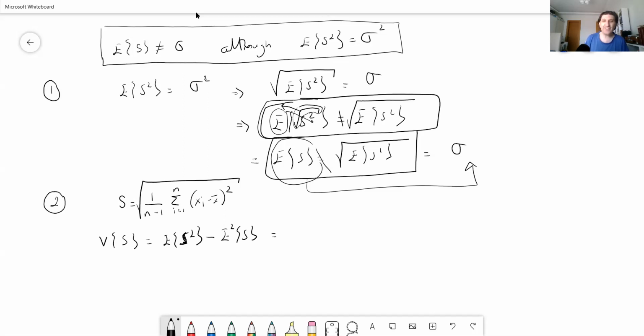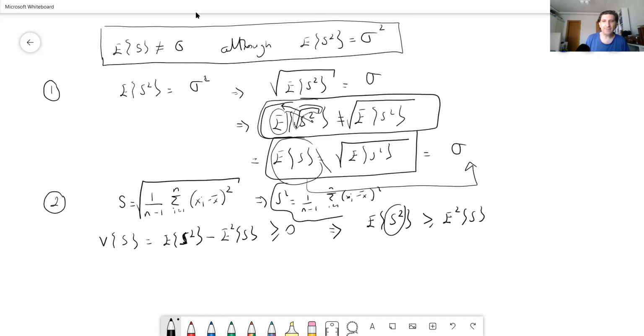Note that variance should be greater than or equal to 0. This is due to the definition of variance. In this case, expected value of S square is going to be greater than the square of expected value of S. That's great. Now, let's continue. Note that S square is the one without the square root here, the sum over 1 to n of xi.